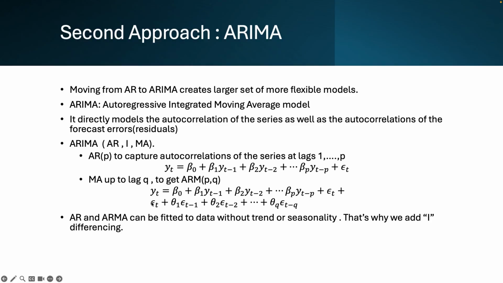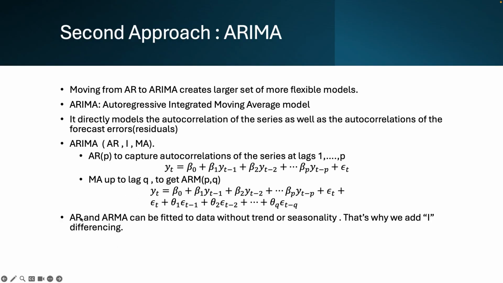So we have theta 1 times epsilon t minus 1, theta 2, and so on. These are parameters like betas, and we need to estimate them. So this is the second part that we added to the estimation equation. In this case, we estimate or predict y.